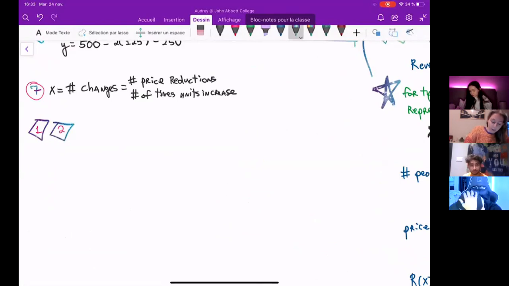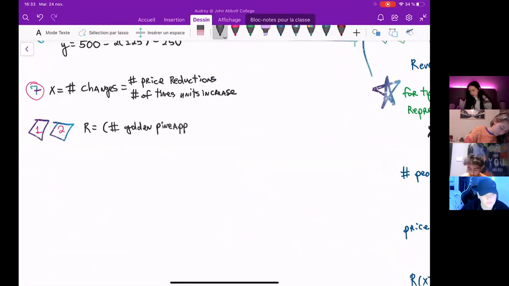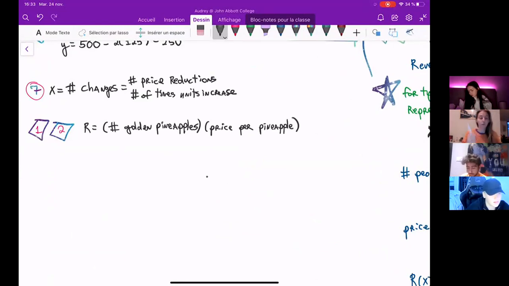So my revenue is equal to number of golden pineapples times the price per pineapple. And what we said is that we want to write each of these in terms of the new X, the new variable that we have.